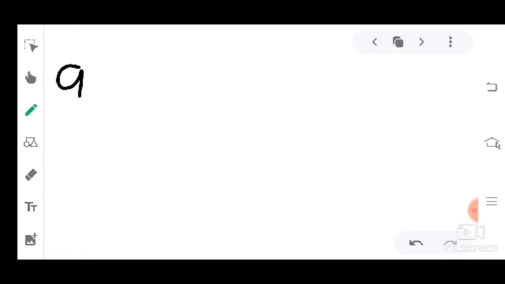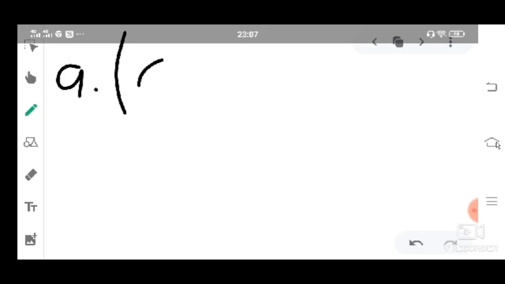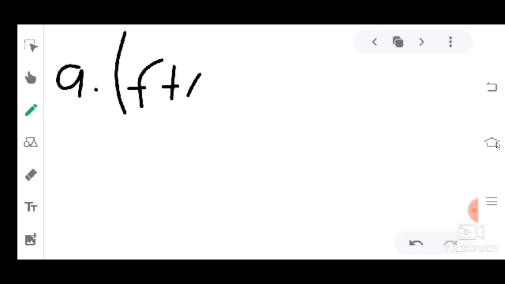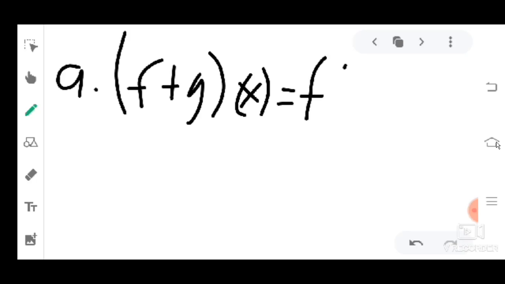In letter A, the given is f plus g of x, and we all know from the definition it is just equal to f of x plus g of x.